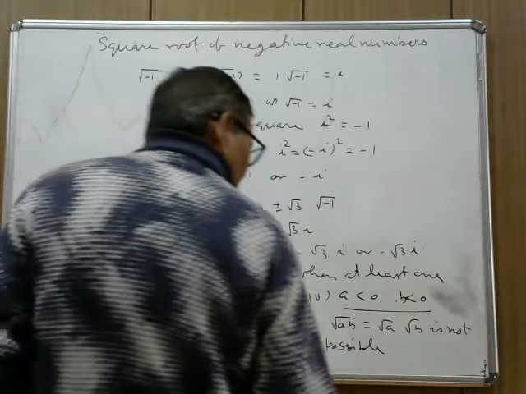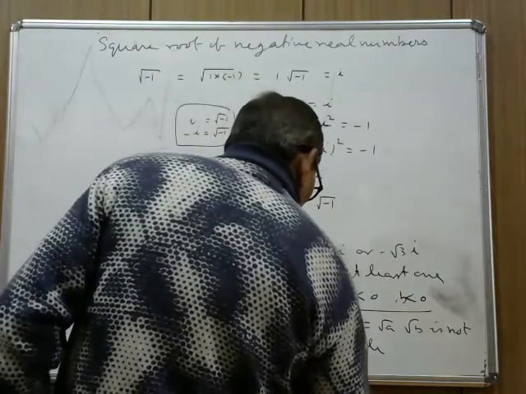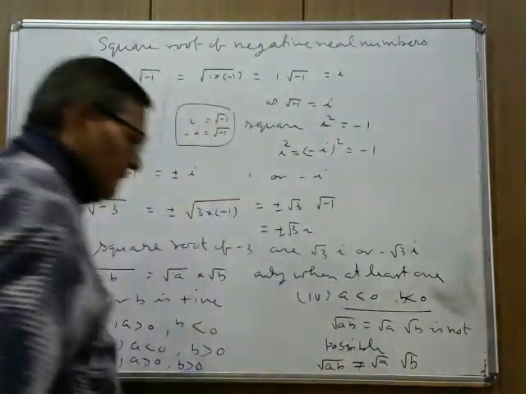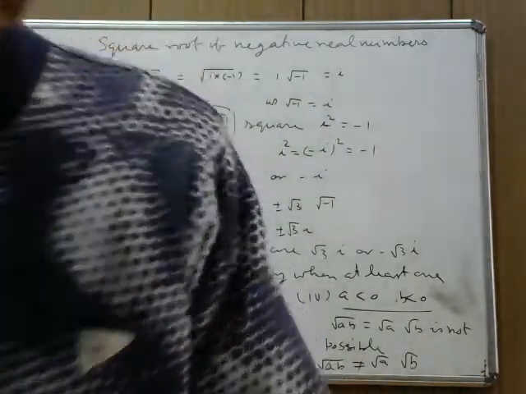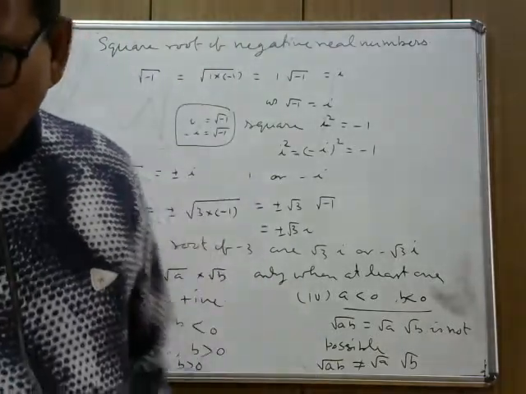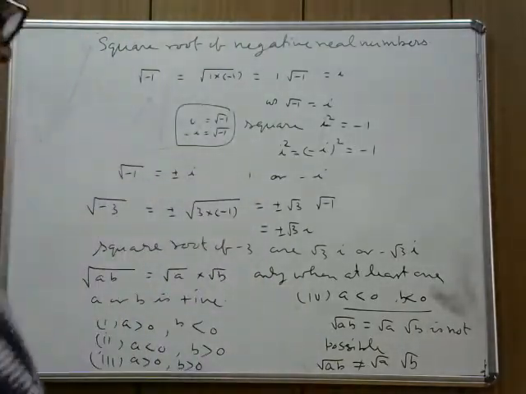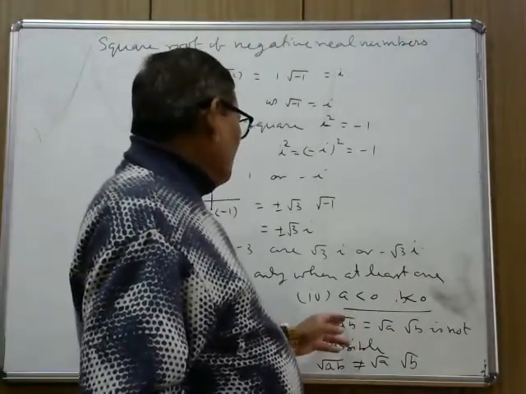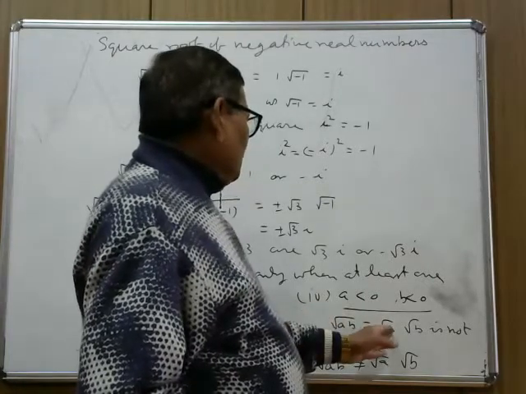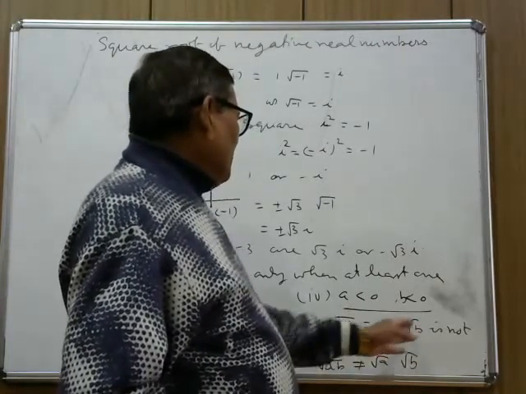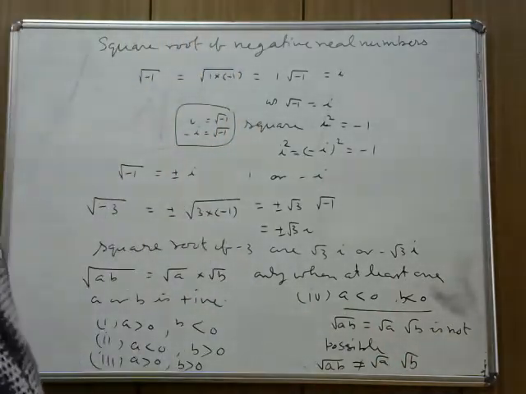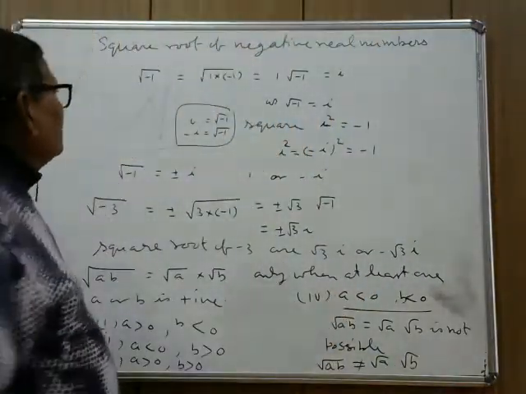So in this case, under root AB is not equal to root A into root B. For example, if you take A is minus 1, B is minus 1, this becomes under root 1, it is plus 1. And here, taking A is minus 1, B is minus 1, i into i is i square, equal to minus 1. 1 is not equal to minus 1. So when A and B both are negative, root AB equal to root A into root B is not possible.